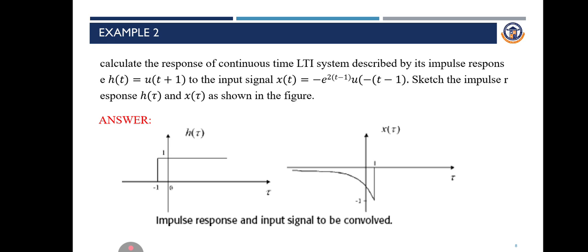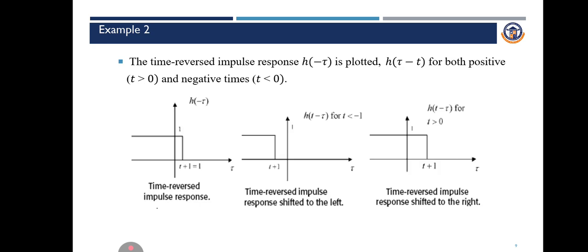Now example 2. We have the impulse response and input signal to be convolved. The impulse response is h of t equal to u of t plus 1, and x of t is equal to minus e to the power of 2 times t minus 1 into u of minus t minus 1. We are going to sketch the impulse response, h of tau, and x of tau.